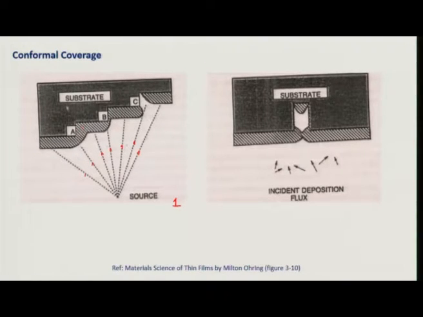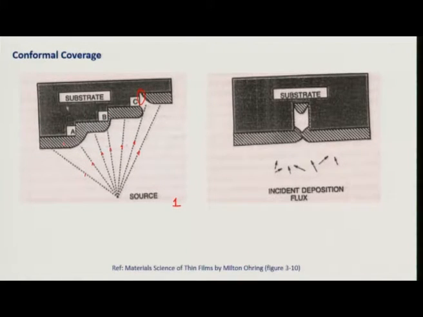So, this corner gets filled, or there is a material deposited in this corner as the film gets deposited on this ledge A, B and C. Now, this corner which is here is not exposed to the line of sight from the source. So, there is no material deposition here, okay, and this is called non-conformal coverage, okay, because it is not conforming to my substrate size and surface features.